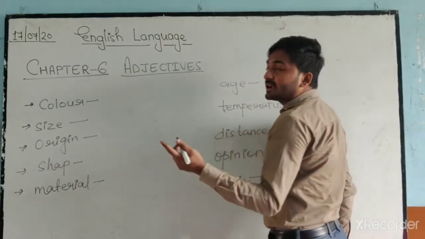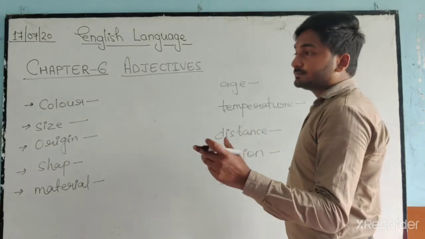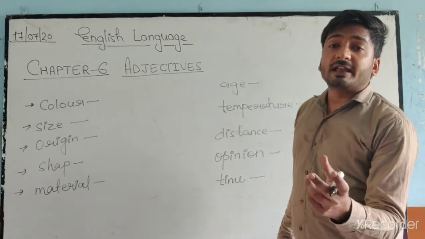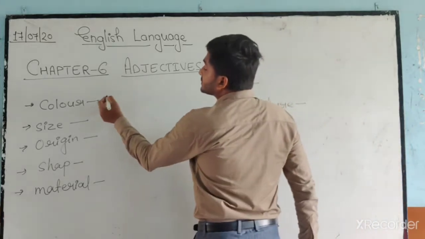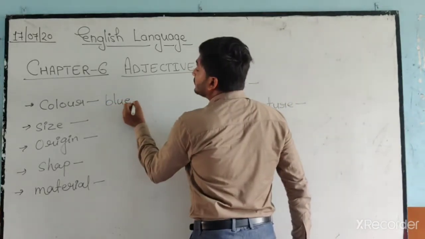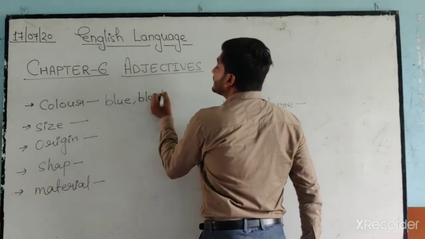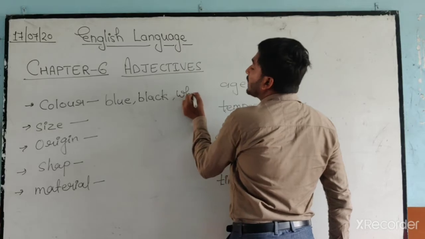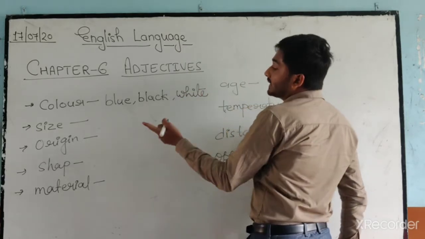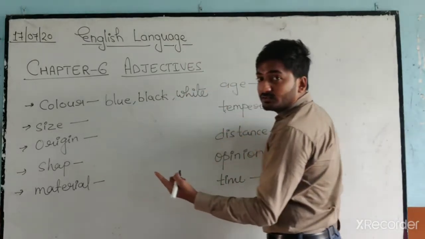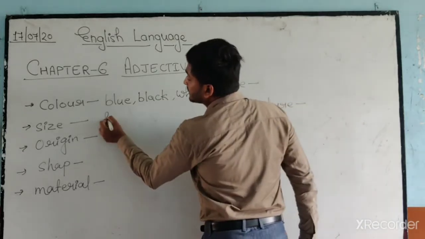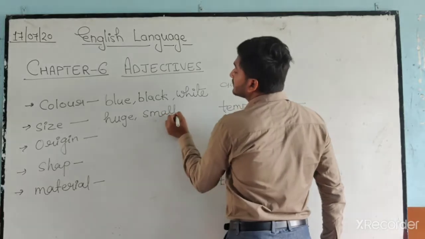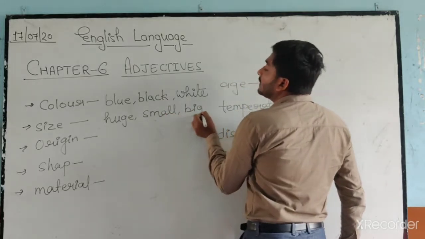How can we describe through color? It is black in color. That shirt is blue. So through colors, blue, black, white, we can describe a noun or pronoun. Size: through size we can say that thing was huge, small, big, or tiny.